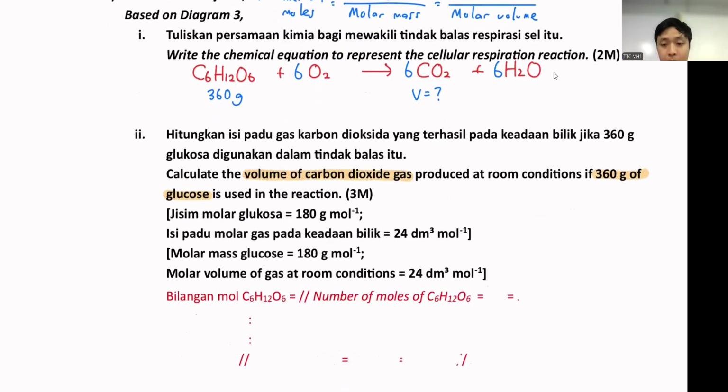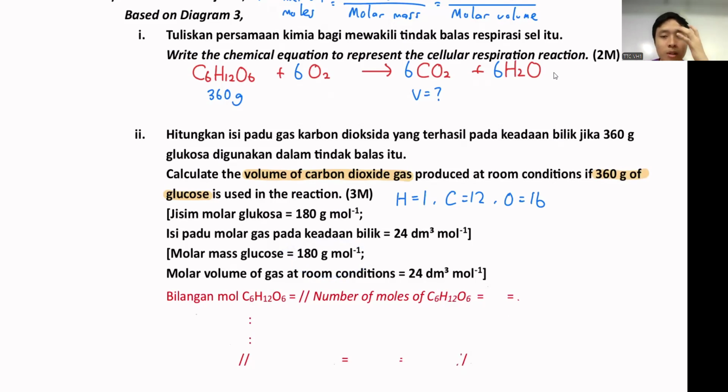Then the molar mass. Now, this one, they give you straight away, the total is 180. Normally in exams, if they didn't give you like this, sometimes they give you the RAM: H equals 1, C equals 12, O equals 16.